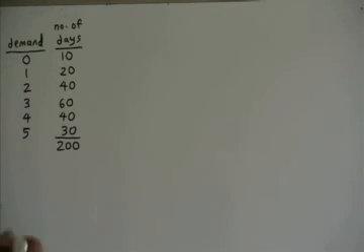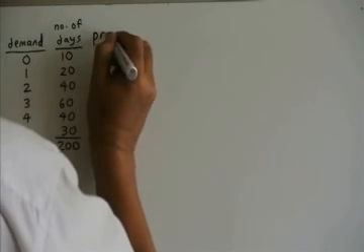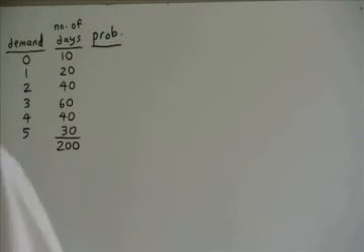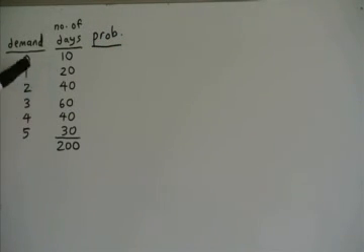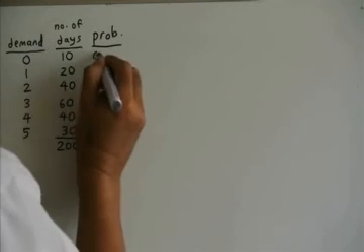We add a column which is called probability. This represents the probability that if I select a day, demand is 0, 1 and so on. So for demand is 0, there are 10 days, the probability is 10 over 200, which is 0.05.